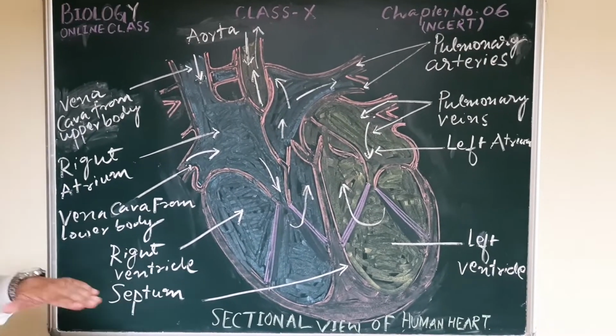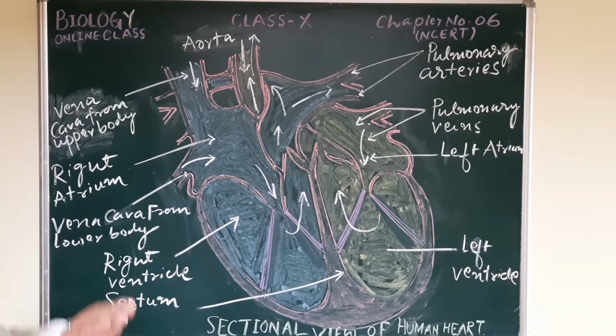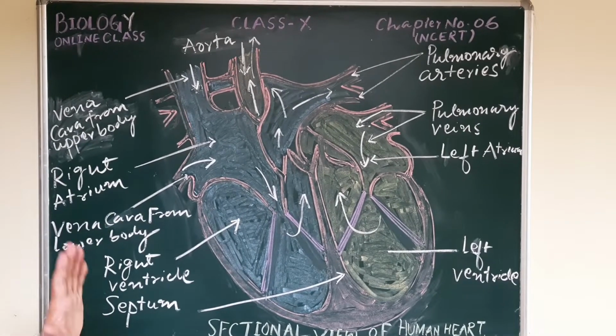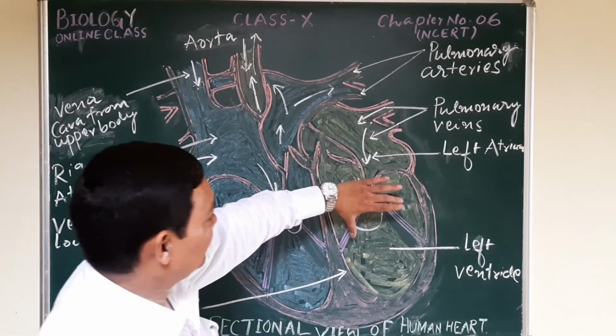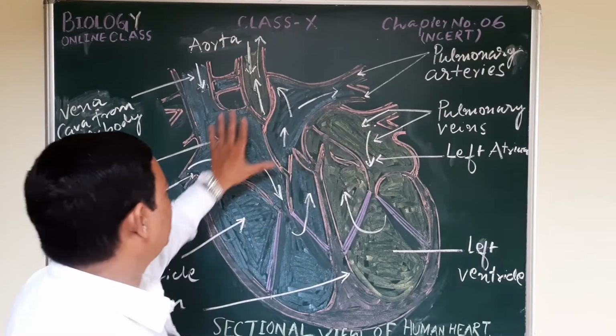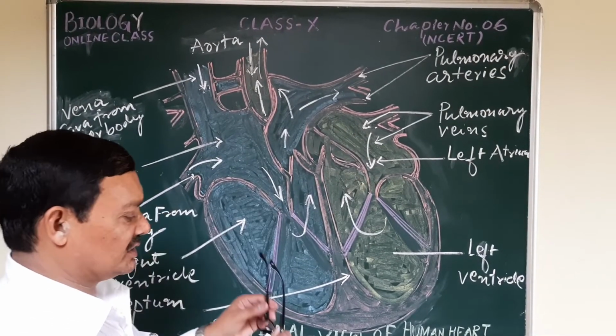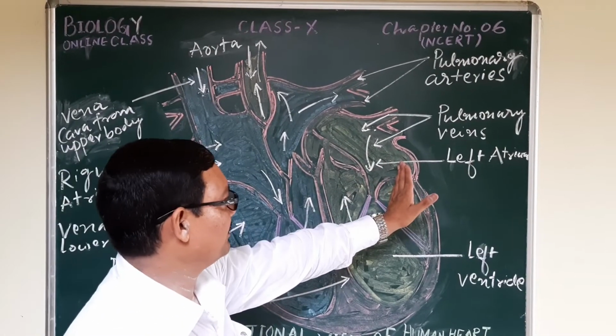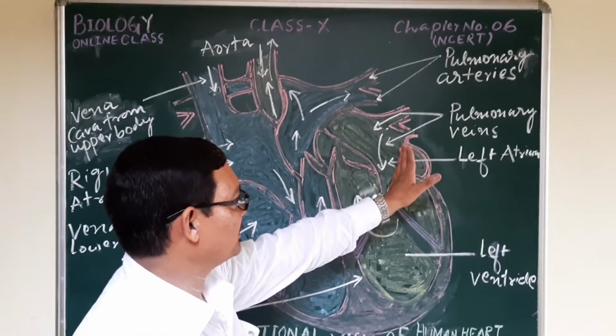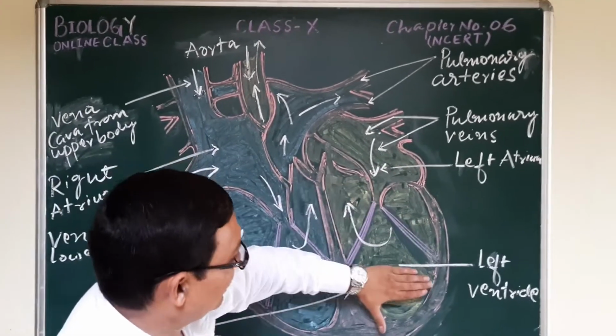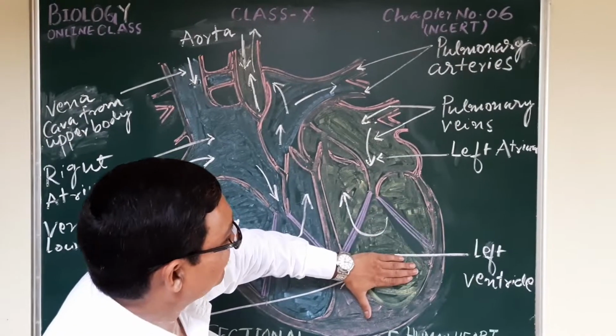Now, in different steps, we may understand it. First, the cardiac chambers. This side, left side, is the left atrium, the upper chamber, and the lower chamber is the left ventricle.